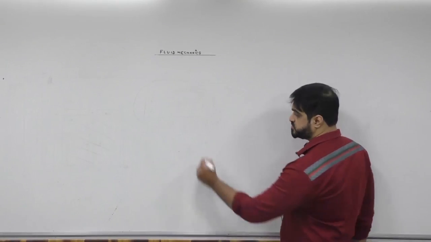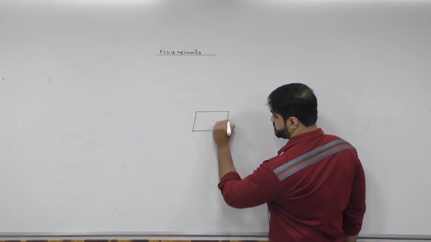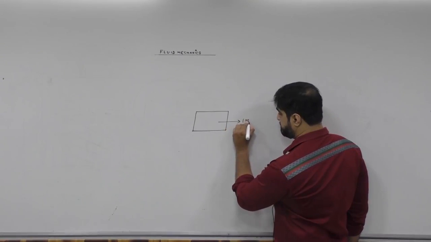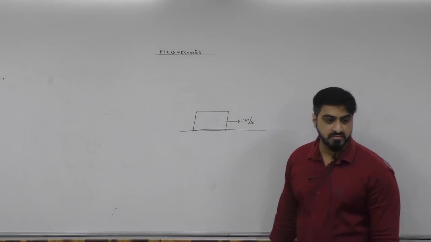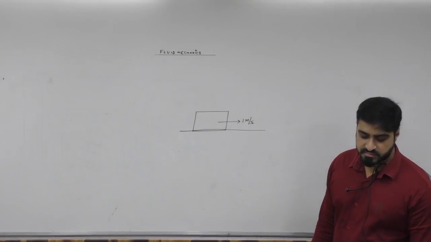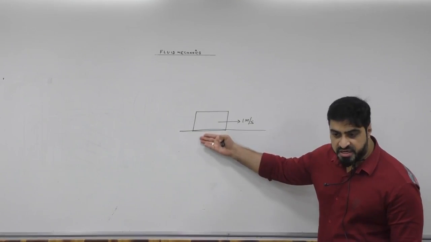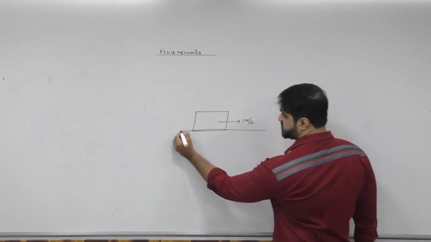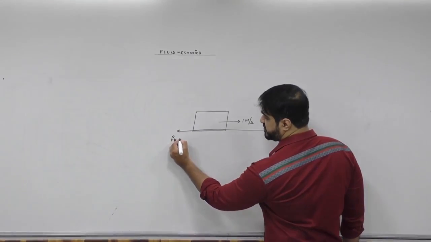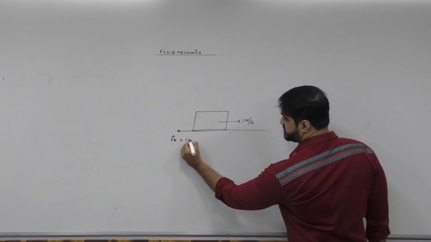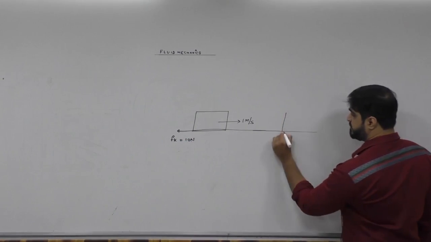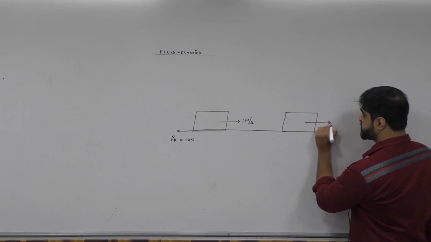Okay, इधर. Suppose the body is going with 1 meter per second. Which friction will come? Static or kinetic? Kinetic friction will come. Suppose kinetic friction is Fk, some value, suppose 10 Newton. Now this body attains 10 meter per second.